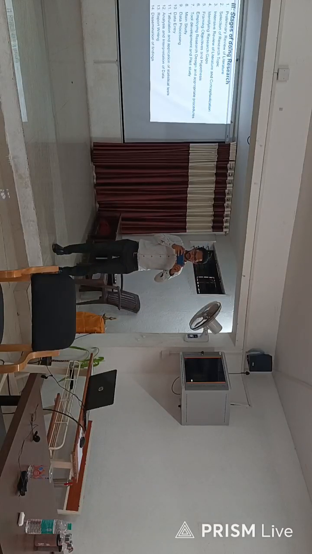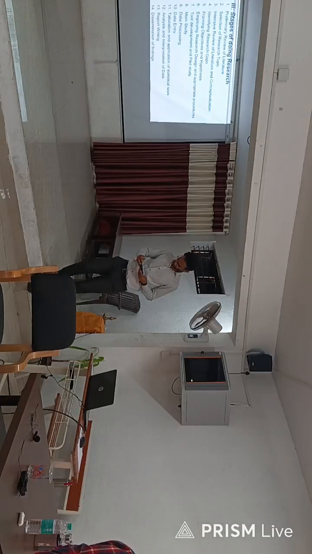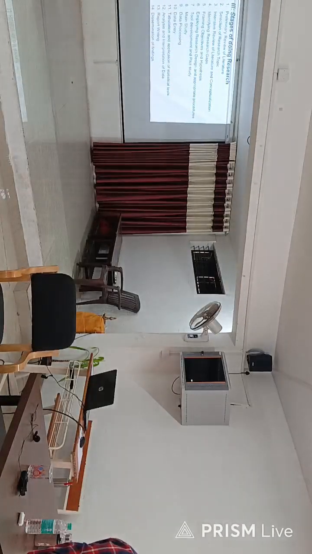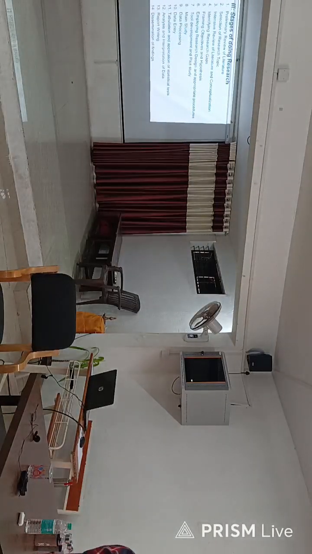Usually for a doctoral work, how many objectives should there be? That will be the question for many of the scholars. There should not be more than 4 or 5 objectives. I have seen some theses with 8 objectives, 9 objectives. Having too many objectives will lead to complications and difficulty in completing the work.